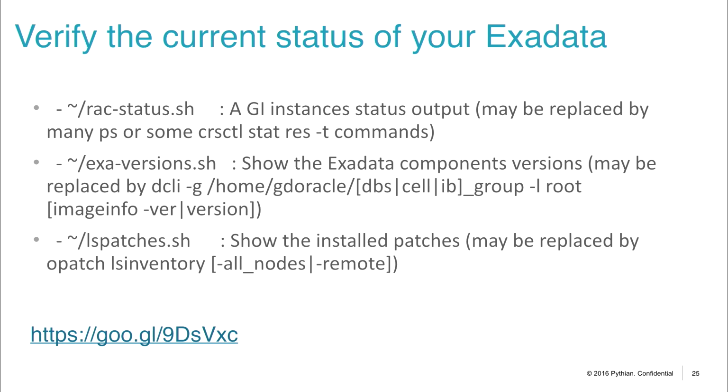Rack status, Exaversions, and LS patches give you all of the information that you need to gather for your prerequisites when you're going to be upgrading or updating your Exadata. So I really recommend that you use all of this.